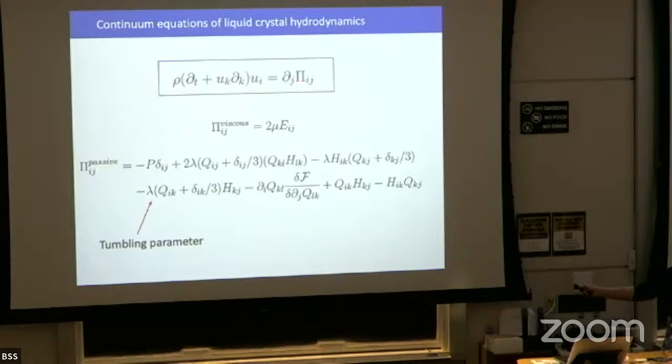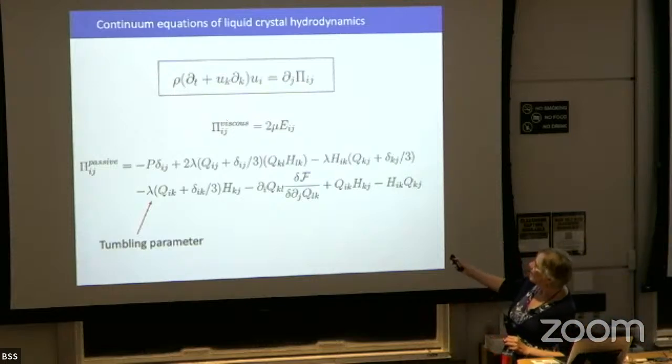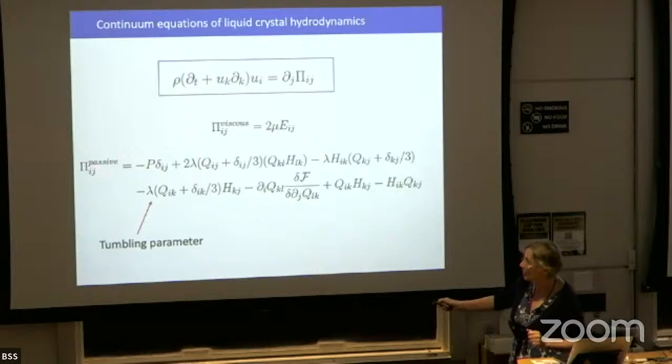And we all know about viscous stresses, the normal viscous stresses, just viscosity times velocity gradients. What makes liquid crystal different is a rather nasty additional stress term, which is bunged in here. I've called it the passive stress or the elastic stress. Got the pressure in. We know about that from Navier-Stokes.